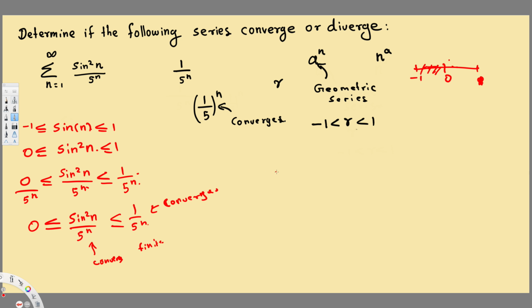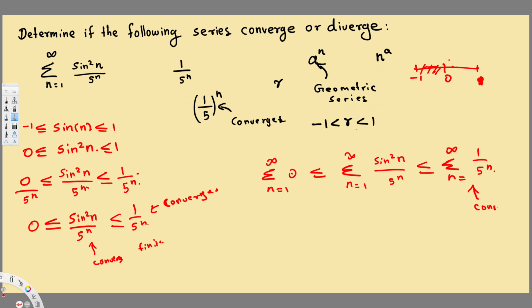So we can go ahead and say in summation notation, the summation from n equals 1 to infinity of 0 is less than the summation from n equals 1 to infinity of sine squared n over 5 to the power n, which is less than the summation from n equals 1 to infinity of 1 over 5 to the power n, and we know this one converges, therefore this also converges.